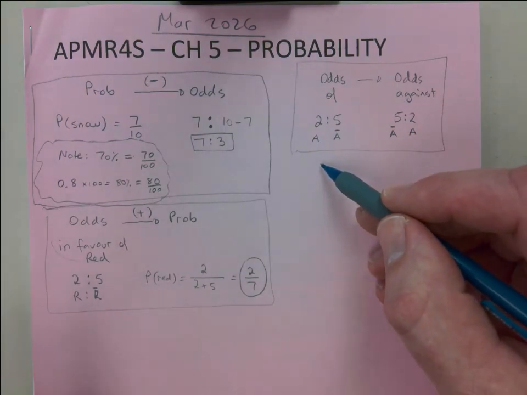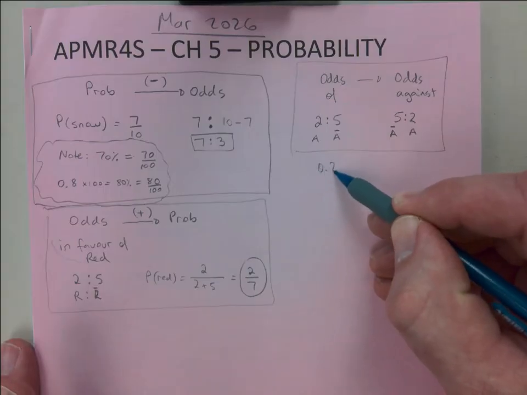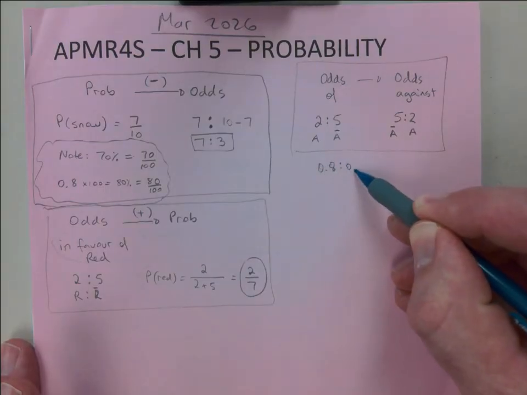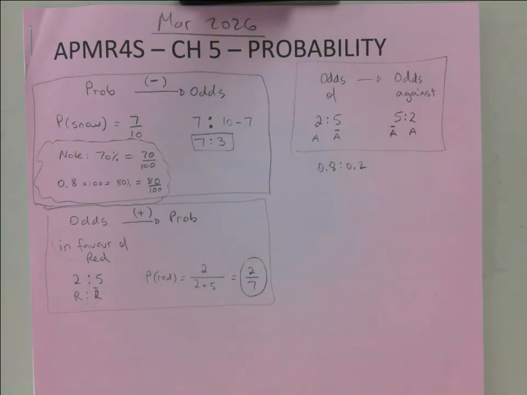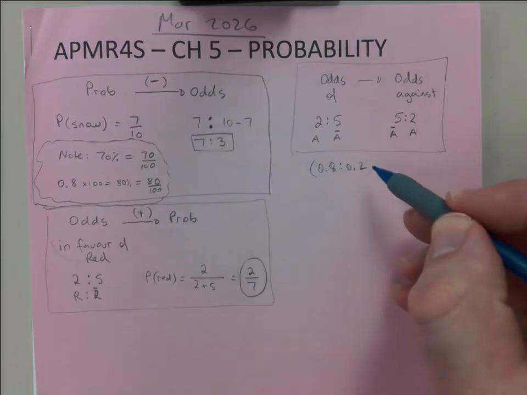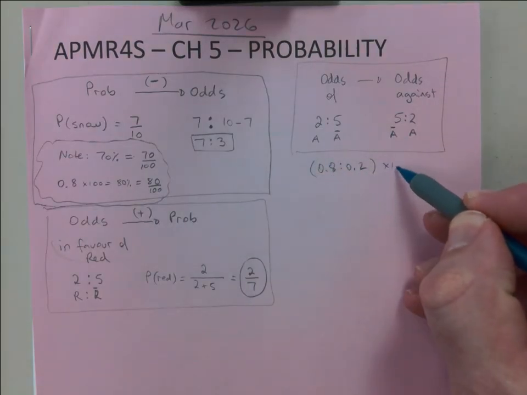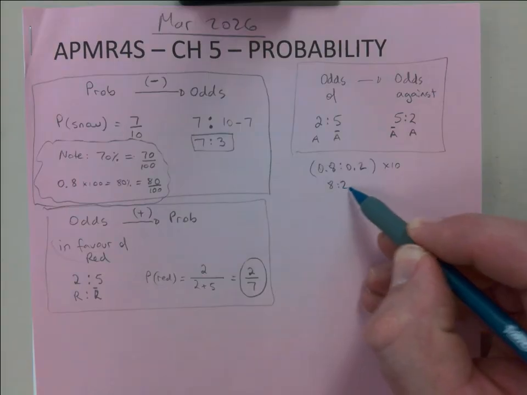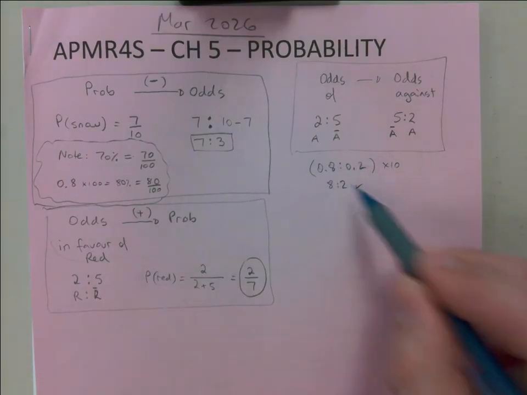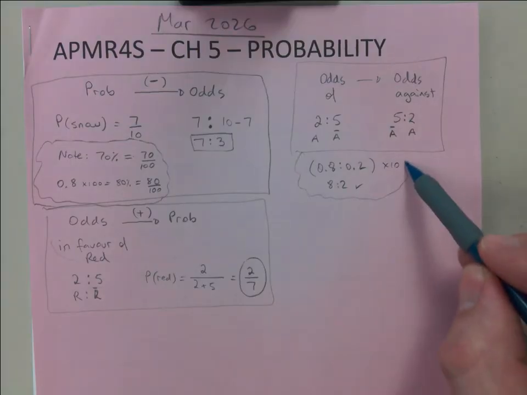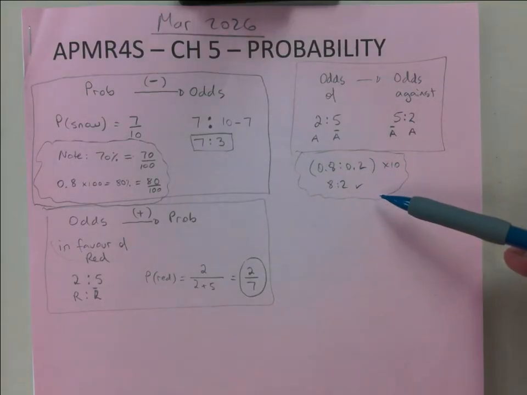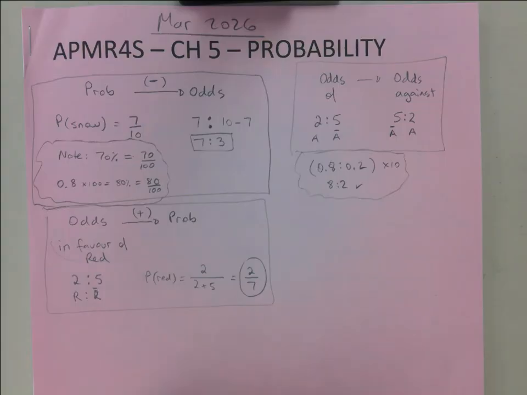If you're ever in a situation where you go 0.8 and this is 0.2, that's no bueno, okay? So you've got to just multiply everything by 10. Then it's 8 to 2. That is okay. This is not okay. I'm quite certain you don't even need this on your study sheet, but that way you have it taken care of. Okay, let's stop this here.